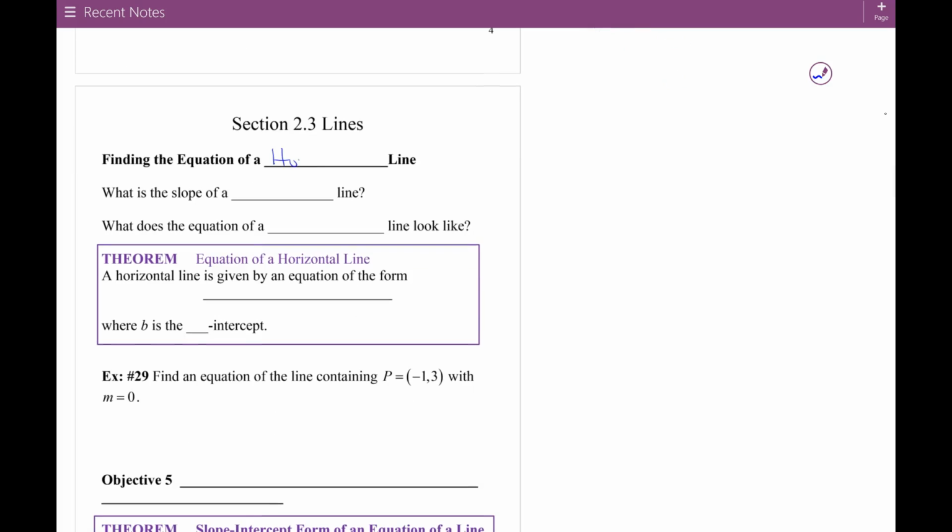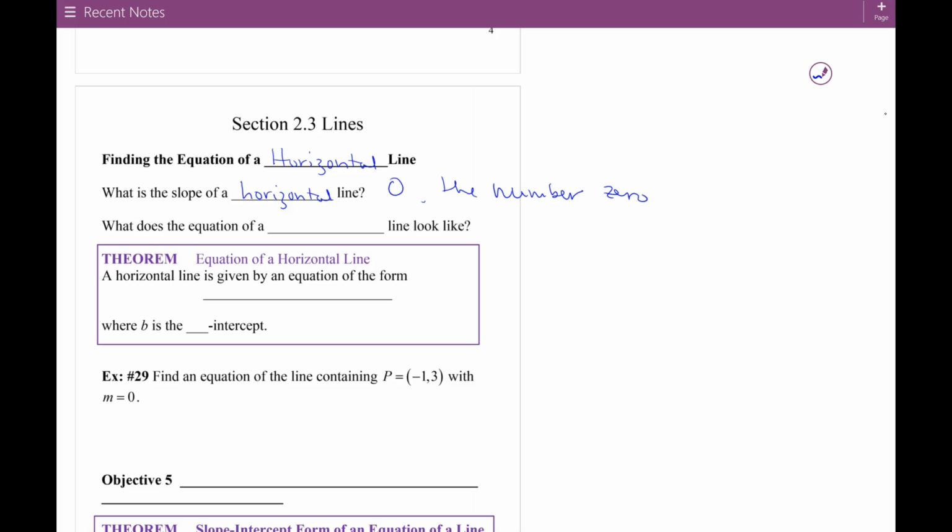And finding the equation of a horizontal line, well, let's see, what is the slope of a horizontal line? It's 0, the number 0. Not undefined, not I don't know, not it doesn't have a slope. The only correct answer to what is the slope of a horizontal line is the number 0.